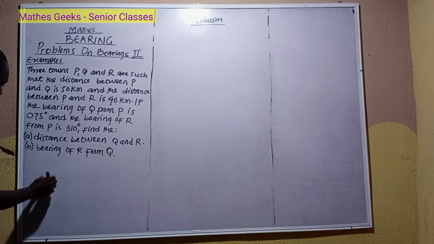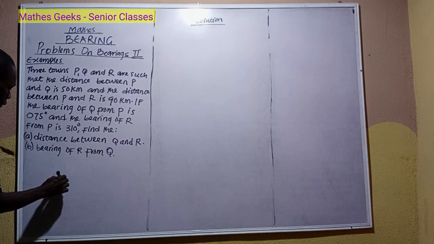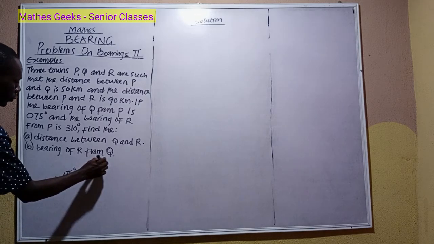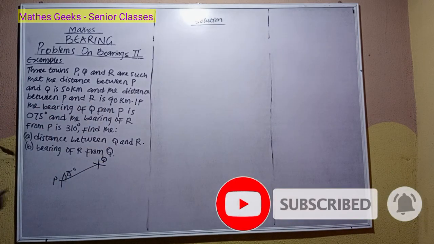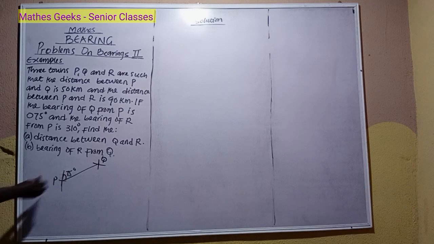P should be here, so point P, and this is Q. The bearing of Q from P is just like this. And the bearing of R from P is 310 degrees.